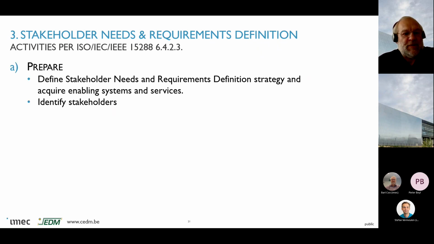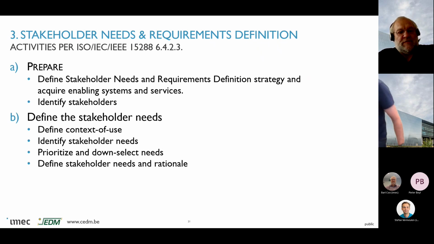As I already explained, we always start with the preparation: the strategy of addressing the stakeholder needs and requirements and the enabling systems, and the identification of the stakeholders, which is actually a part of the business mission analysis, where we have these first categories of stakeholders identified.